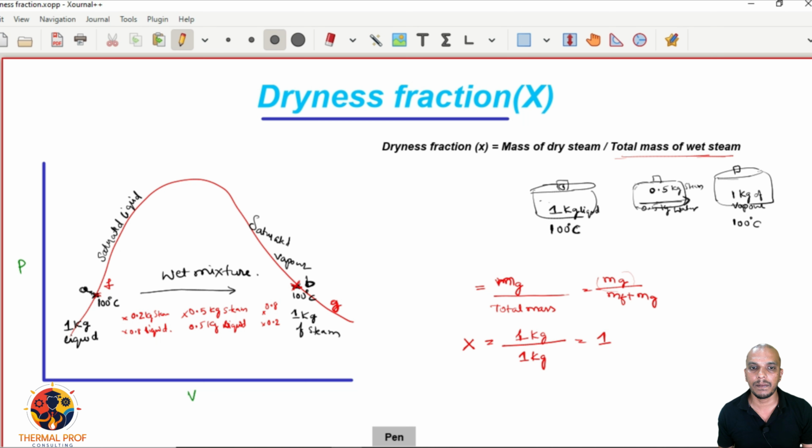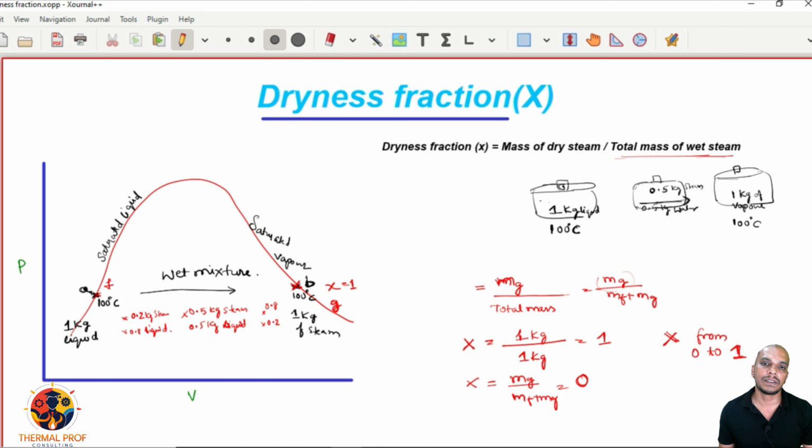So obviously, x is equal to 1 on the right side of the vapor dome. On the left side of the vapor dome, x is equal to 0, because the mass of water vapor will be 0 in the total mixture. It is completely liquid. So you can say that the value of x varies from 0 to 1.